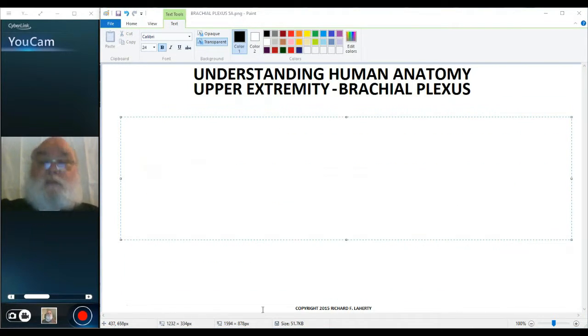Now that leaves us with the nerves that are derived from the posterior cord. So we'll start with the radial nerve.